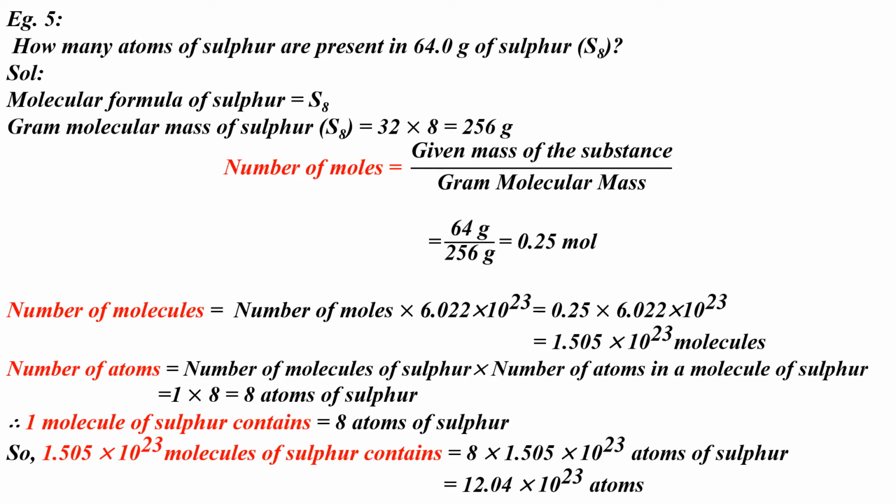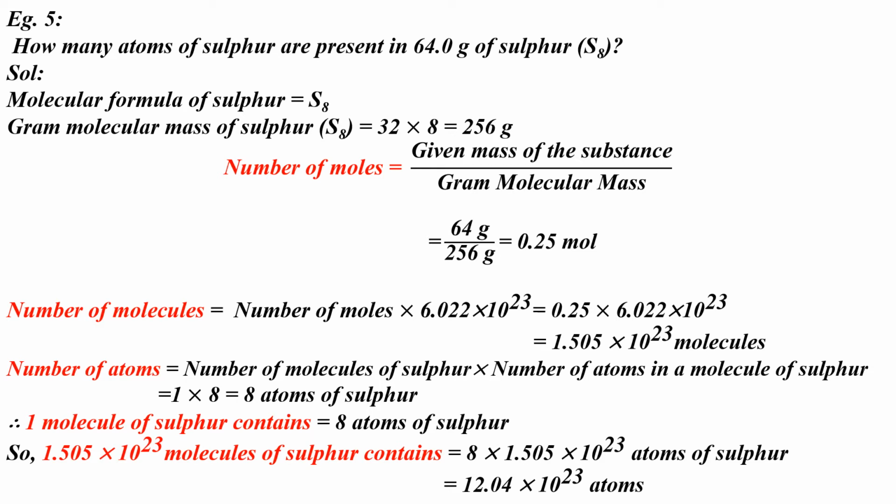Since S8 is a molecule, we first calculate the number of molecules present in 0.25 moles. This is given by the formula: number of molecules equals number of moles times Avogadro's constant. Substituting the number of moles, you get 0.25 times 6.022 times 10 power 23. That is 1.505 times 10 power 23 molecules in 64 grams of sulfur.